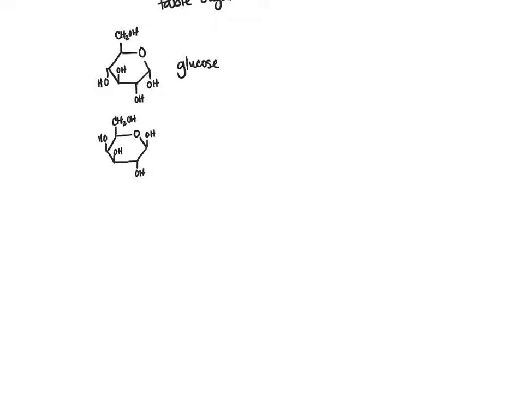So you can see the hydroxyl groups face down, down, and then up, and then down here. Here it's up, down, up, up. And this one is galactose. Then the third one is fructose. Now fructose, you can see, is quite different.